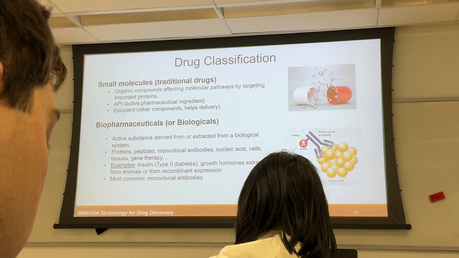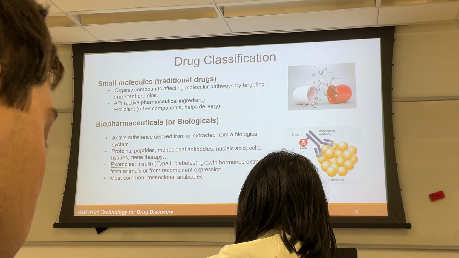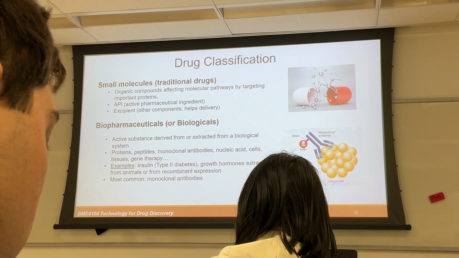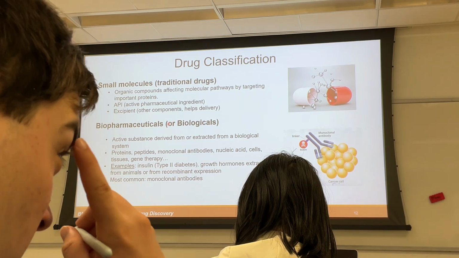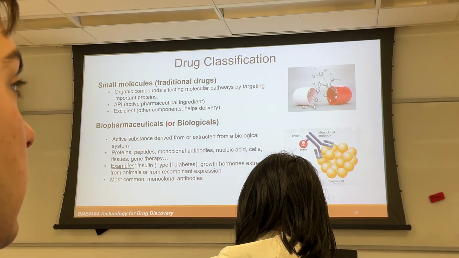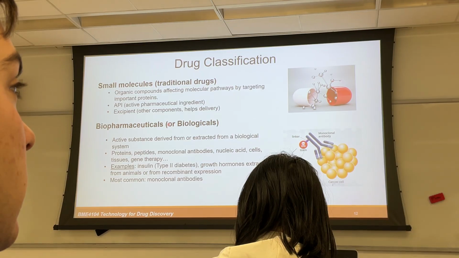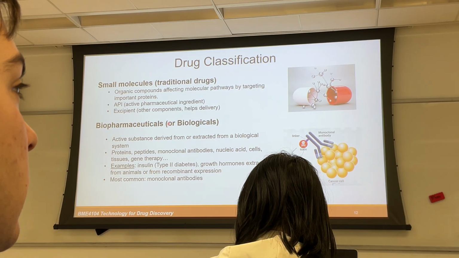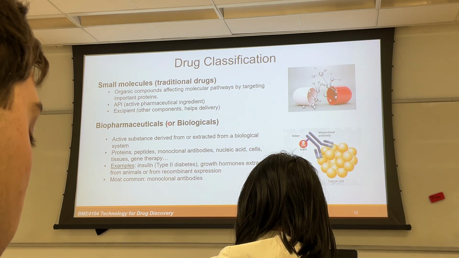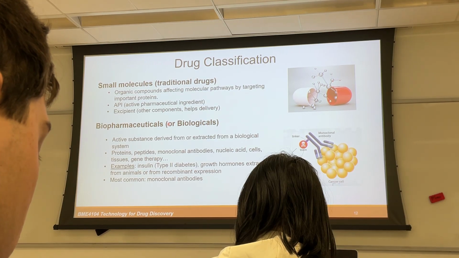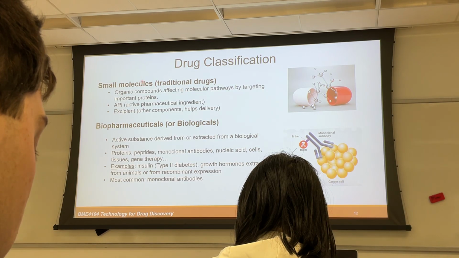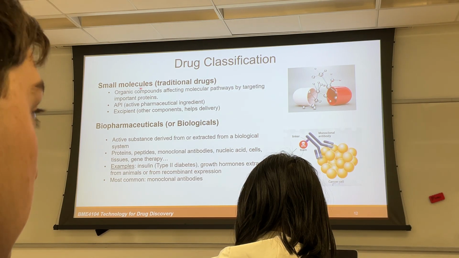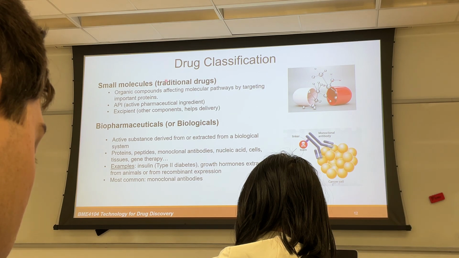Okay, so now we understand how a drug works in concept, what types of drugs are we usually talking about? There are many different categories we can divide the drugs into, so now I just want to describe this classification. We can divide it into two categories. One is called small molecule drugs, or the traditional drugs.